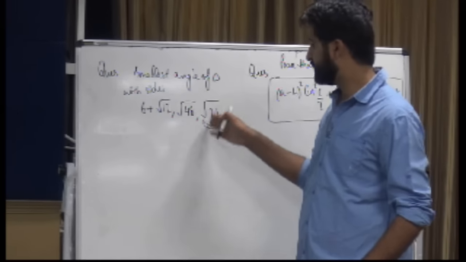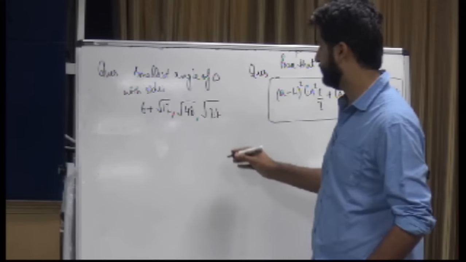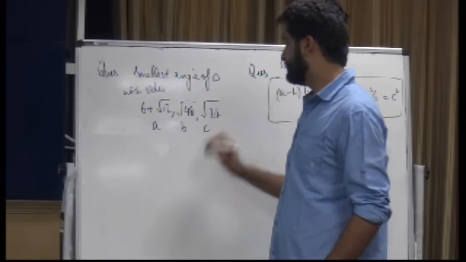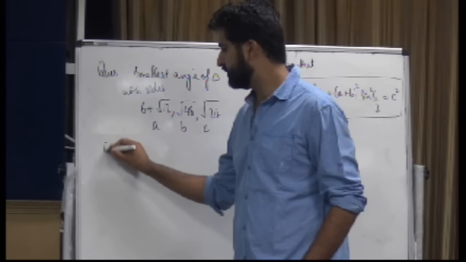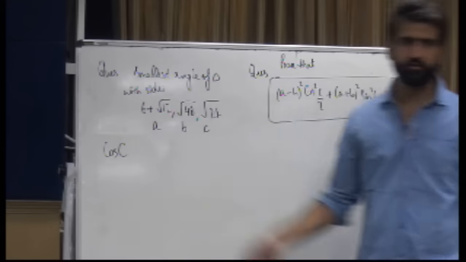This is obviously greater than root 24, so this is the smallest side. Let's say this is A, B and C. So what do you want to find then? Just find the value of cos C. That will give you the smallest angle.